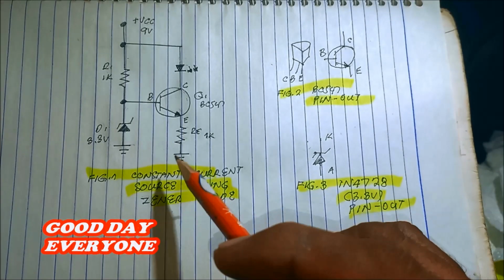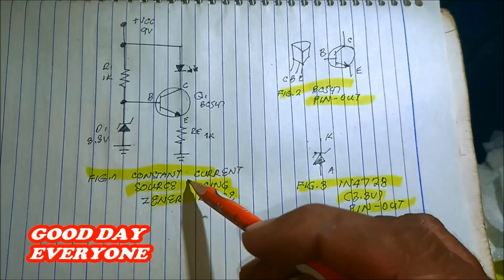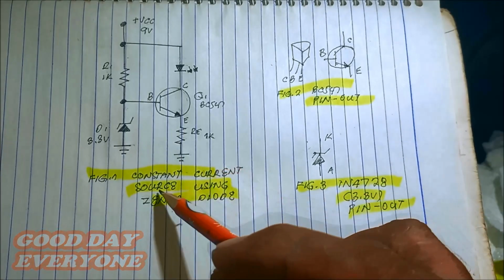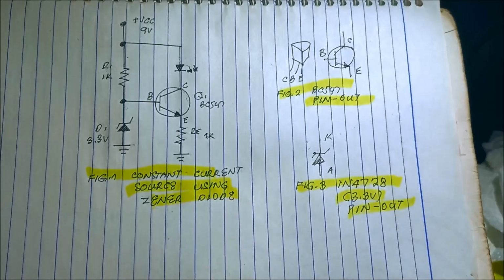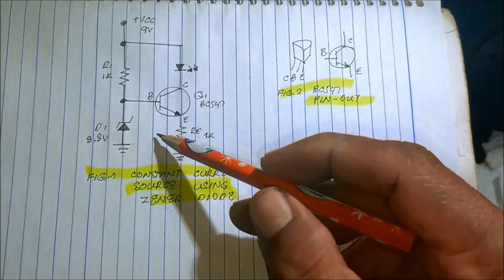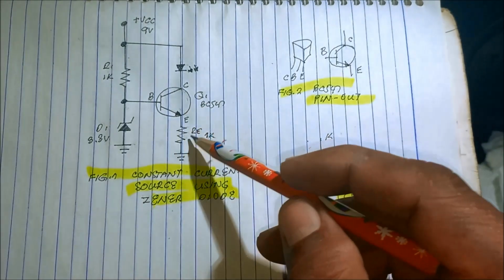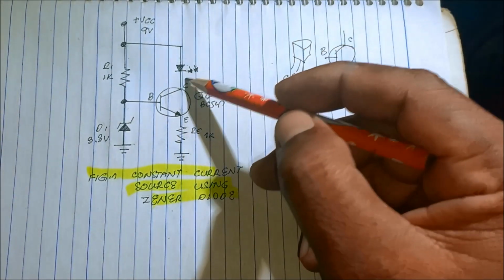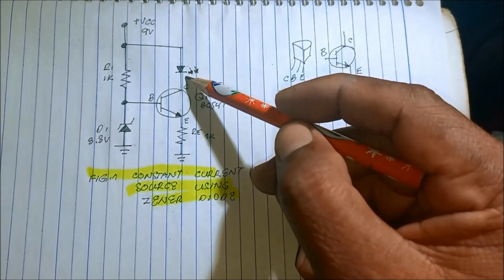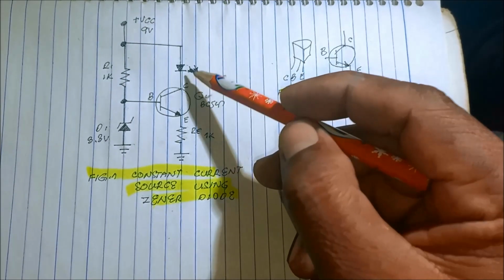Here we have the circuit diagram of our constant current source using Zener Diode. We have the transistor BC547 NPN BJT type with emitter resistor of 1K and the collector LED, which is the output LED color red.